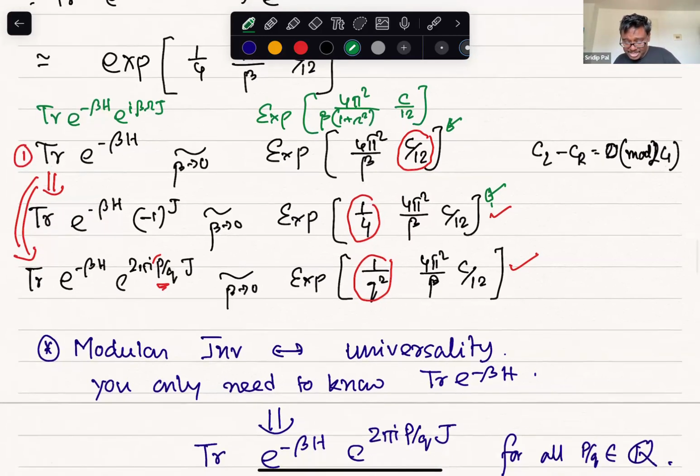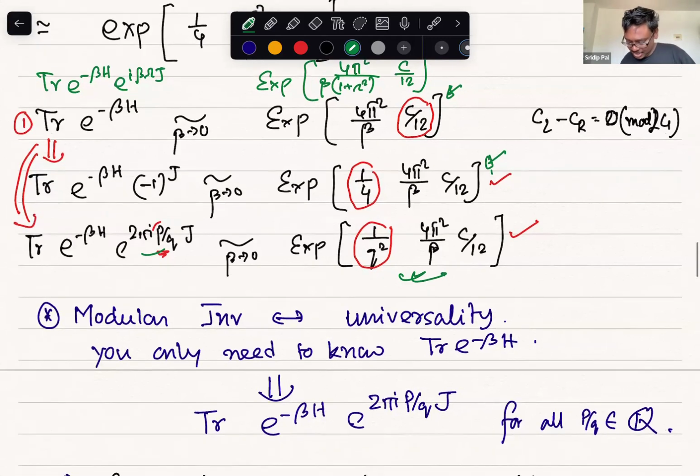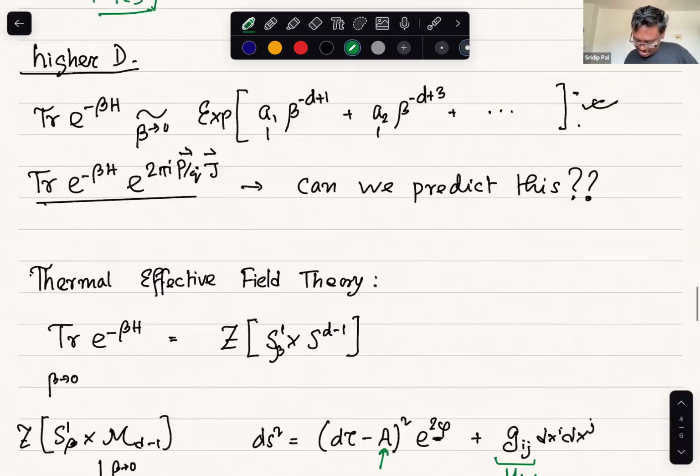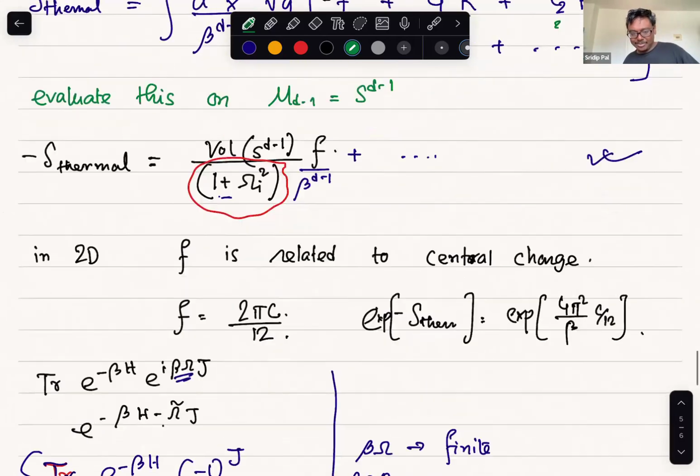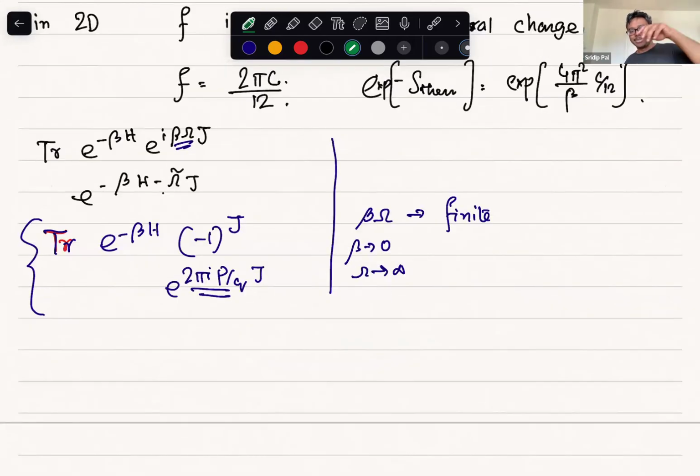And clearly, if I substitute beta omega with this twice pi ip over q, I would not land up with this answer. So in 2D, we can see it directly, and in higher D, we can see it by saying that the effective field theory breaks down. So we need to be a bit more clever, and we need to write down a different effective field theory, or somehow write down an effective field theory and evaluate it on a different background.